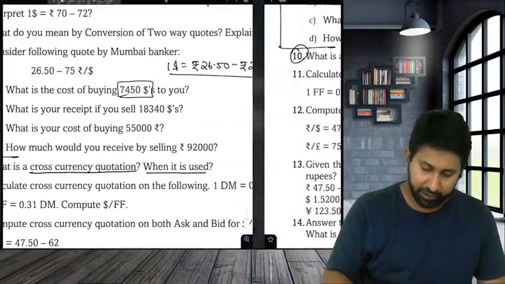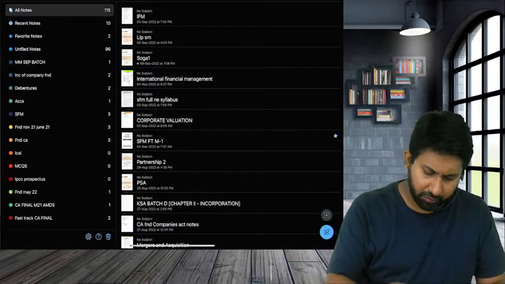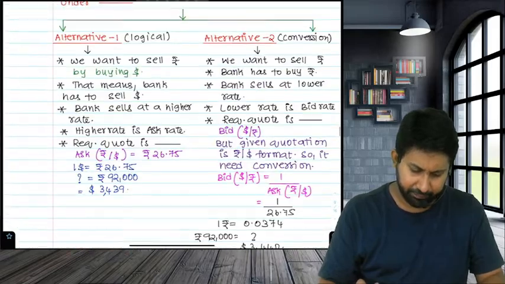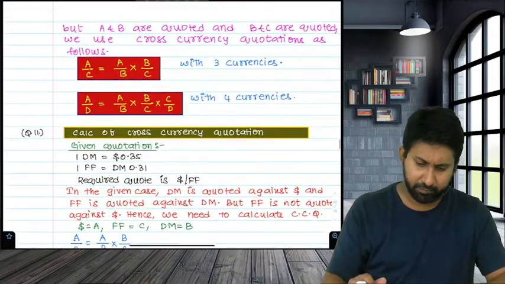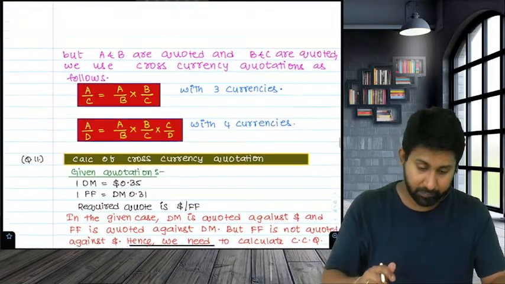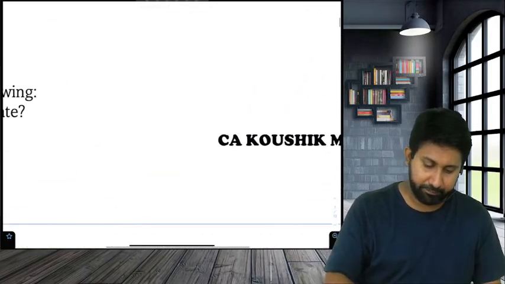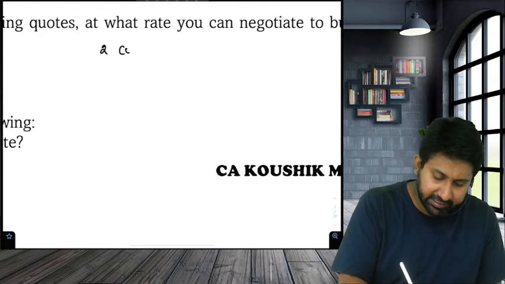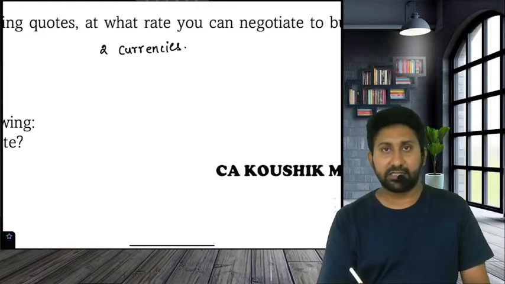Now see here, what do you mean by a cross currency quotation? What really does it mean? Let us understand clearly. I will write here, when two currencies are there.